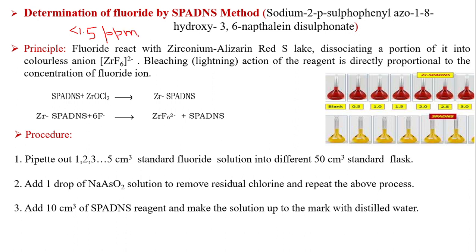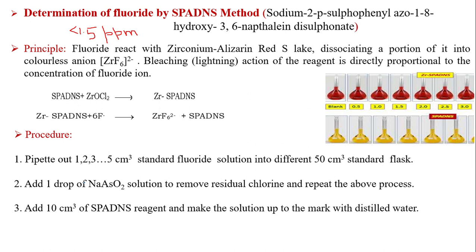It reacts with the calcium of the bones to form calcium fluoride. This problem we call skeletal fluorosis. So a higher concentration of fluoride in drinking water causes skeletal fluorosis. That means the bones become very weak in nature.